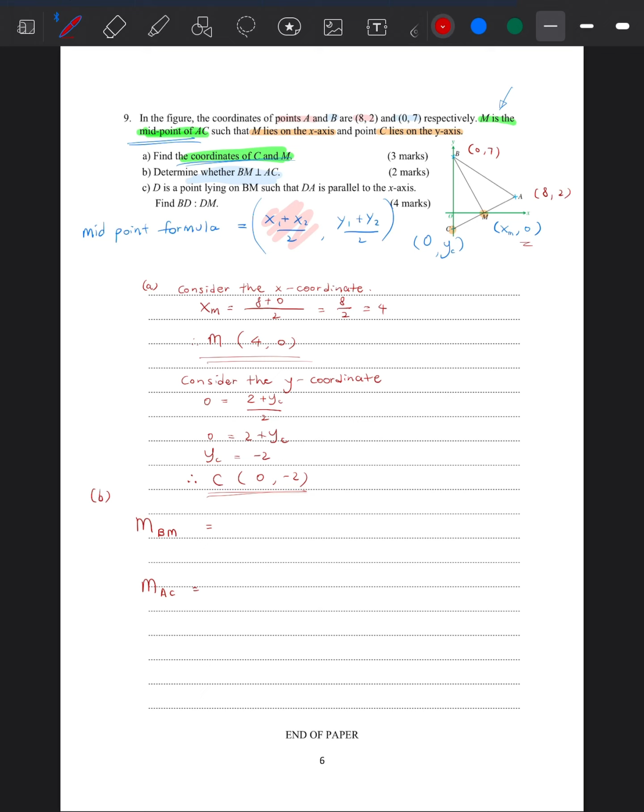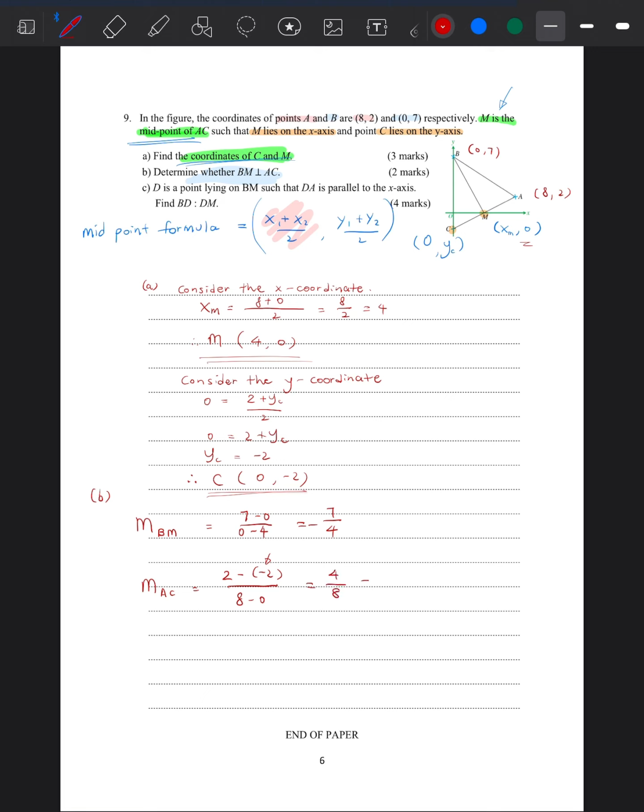So slope of BM. We got the coordinate of B, we got the coordinate of M, so it's just 7 minus 0 over 0 minus 4 equals 7 over minus 4. And then for AC, you got 2 minus 2 and your 8 minus 0. So remember the negative sign here. Some of you always forgot about it.